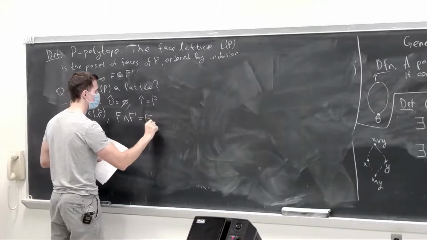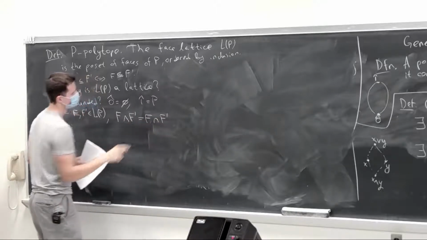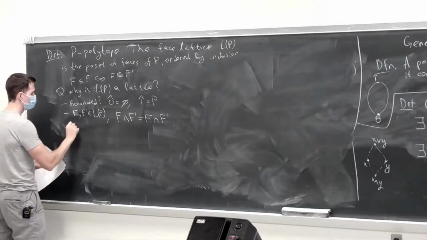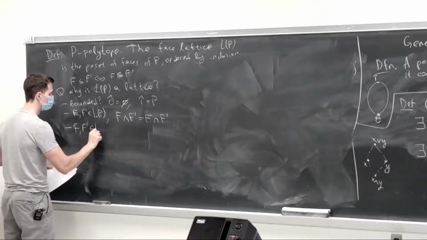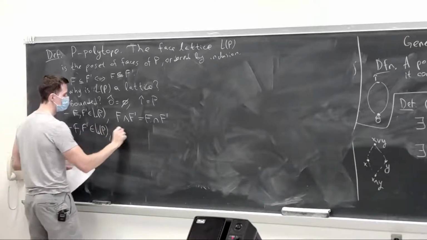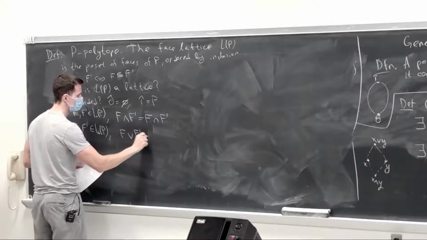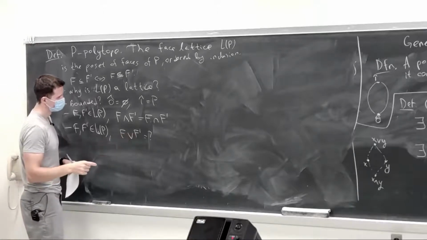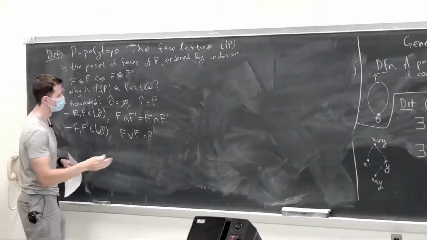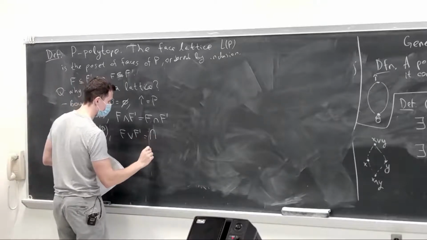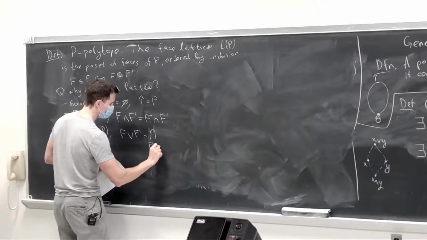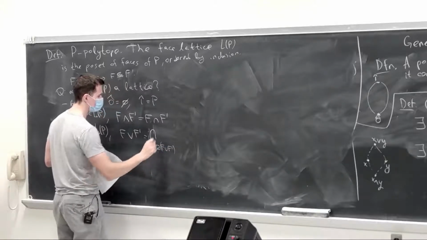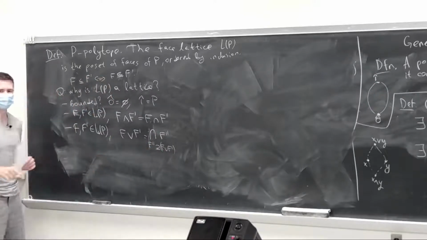So that's just the intersection. And you can ask the same question for the join. It's the intersection of all f double prime which contain both f and f prime, which is also a face.